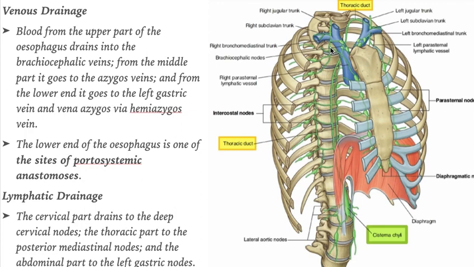The lower end of the esophagus is one of the sites of portosystemic anastomosis. Important. The lymphatic drainage: the cervical part drains into the deep cervical nodes, the thoracic part into the posterior mediastinal nodes, and the abdominal part into the left gastric nodes.